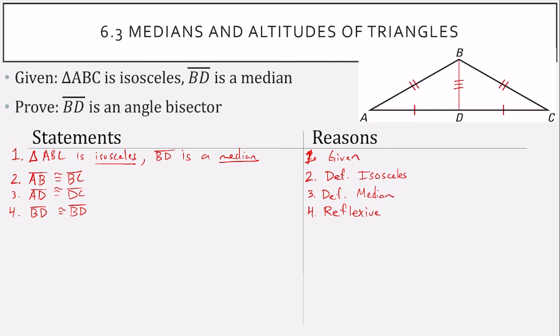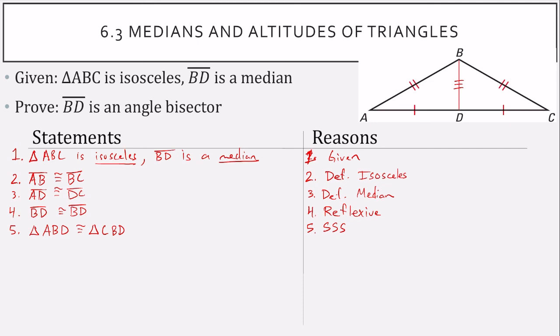So now, why are the triangles congruent? Triangle ABD is congruent to triangle CBD. And why? Well, we have the sides, so it's side, side, side.